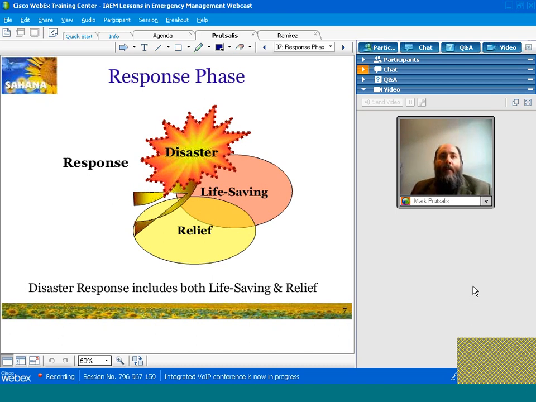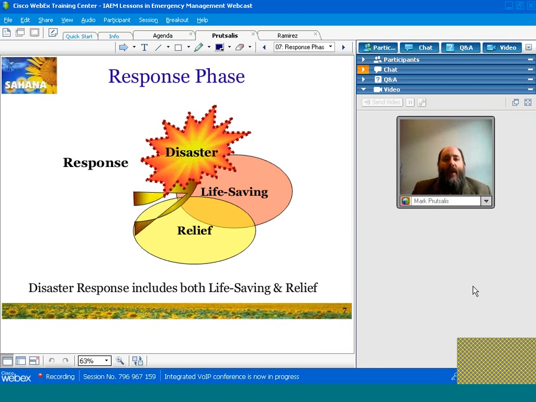There are the immediate life-saving tasks that need to be undertaken to rescue survivors with urban search and rescue teams, for example, firefighting, emergency medical care to save lives. And there's also the beginning of the relief operation in order to sustain the survivors and make sure that they continue to survive and are cared for.